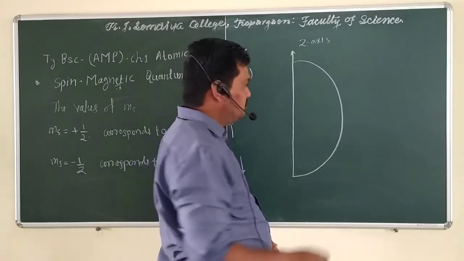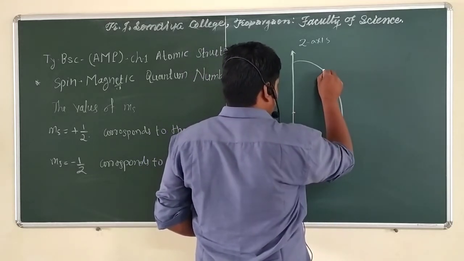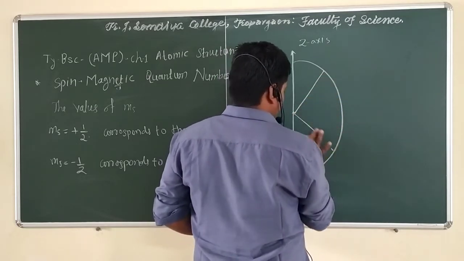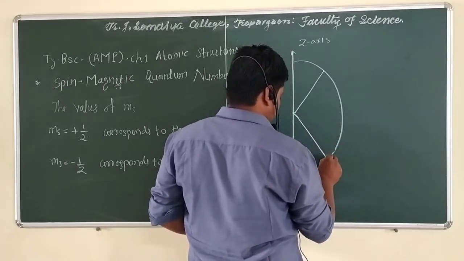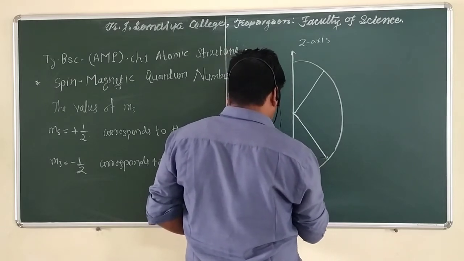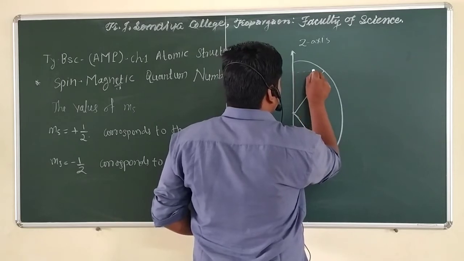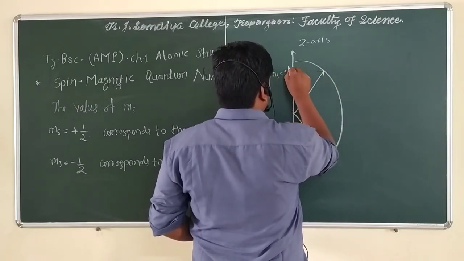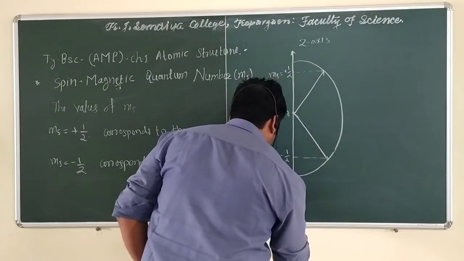Starting from the middle point, there are plus half and minus half directions. This orientation gives the value of ms equal to minus half, and this orientation gives the value of ms equal to plus half.